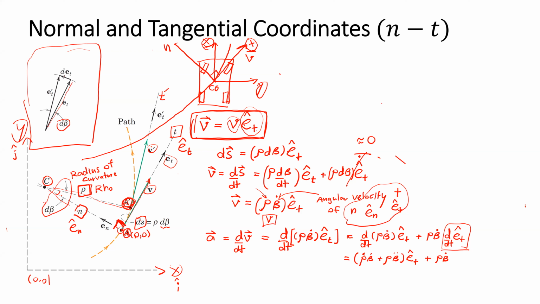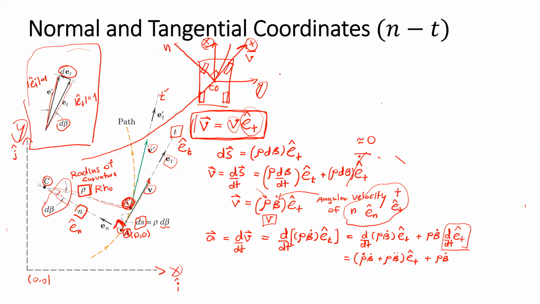So the difference between the vector of the unit vector is described by the d of the unit vector. The magnitude of the unit vector is equal to 1, right?